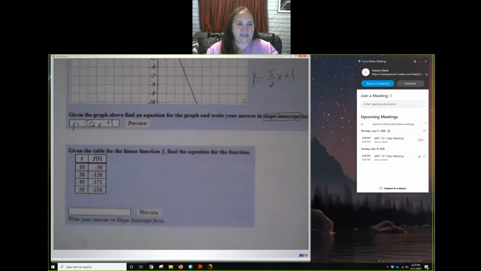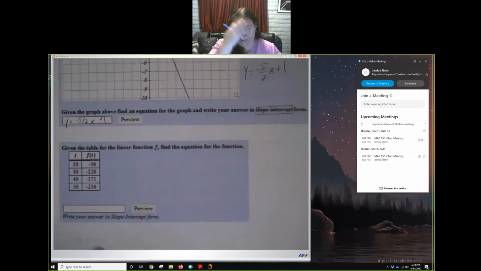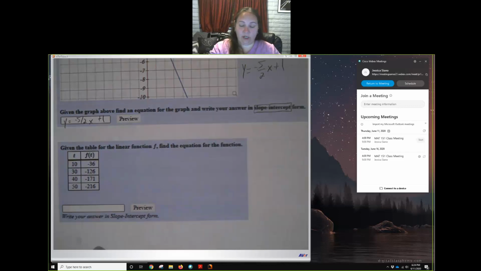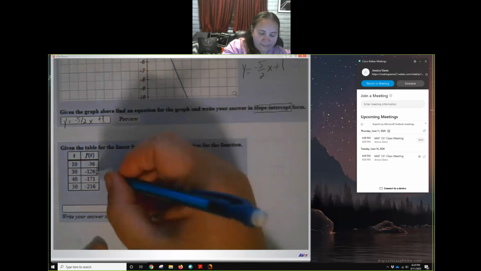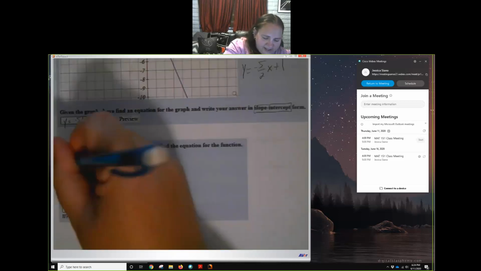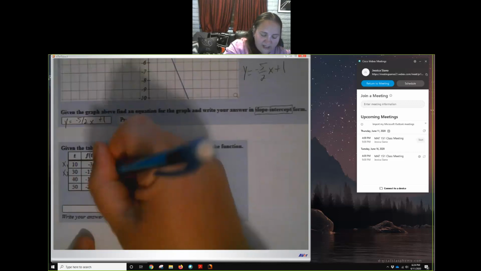And then for this last one on 2.1, given a table, we're going to do essentially the same thing. Let's find the slope first. So we're going to use our y2 minus y1 over x2 minus x1. And I'm going to say this is x1, this is x2, this is y1, this is y2.